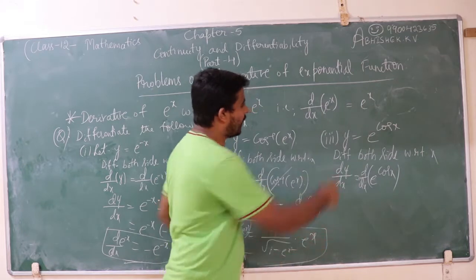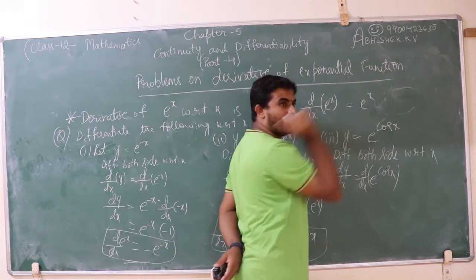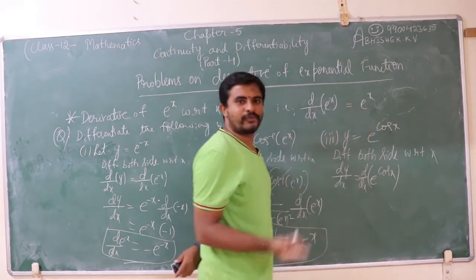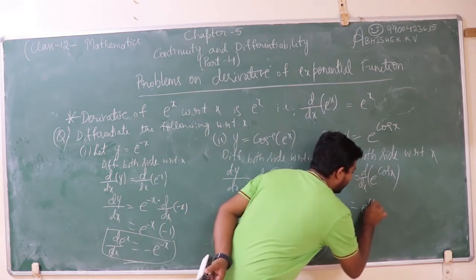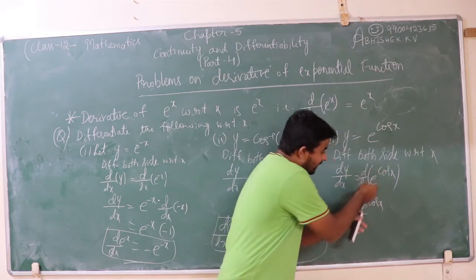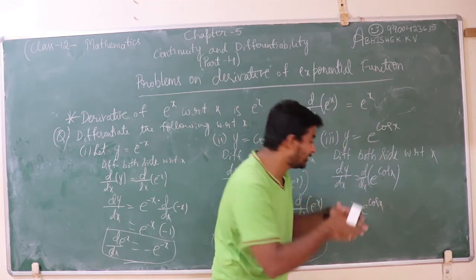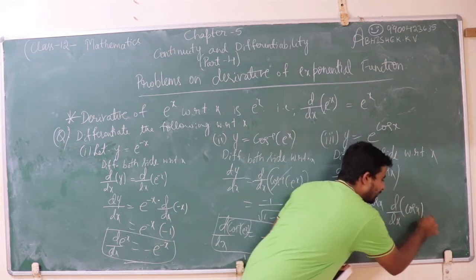It is of the form e to the power of x, and the derivative of e to the power of x is e to the power of x. So the derivative of e to the power of cos x is e to the power of cos x only, but we need to differentiate further. Here we are cutting this exponential only. Instead of x, what we have? cos x. So we need to differentiate cos x with respect to x.